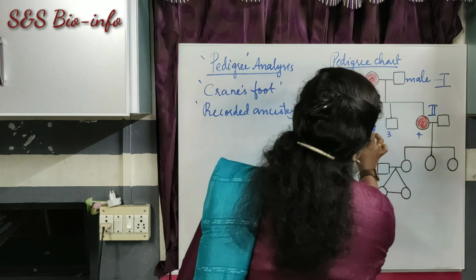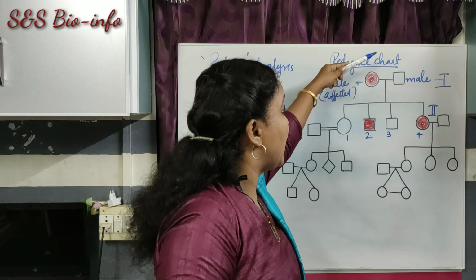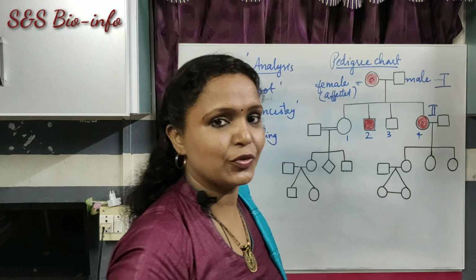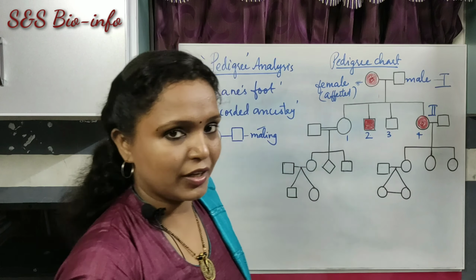The parents and the children are connected by a vertical line. Here the parents are above, the children are below. So parents with the children can be represented like this, with a horizontal and a vertical line.